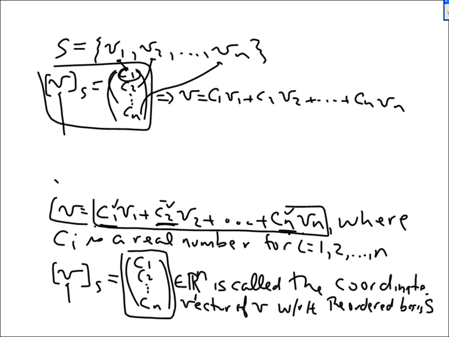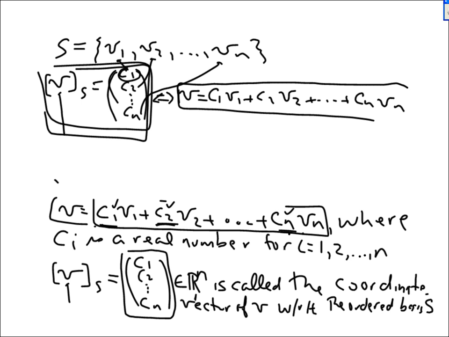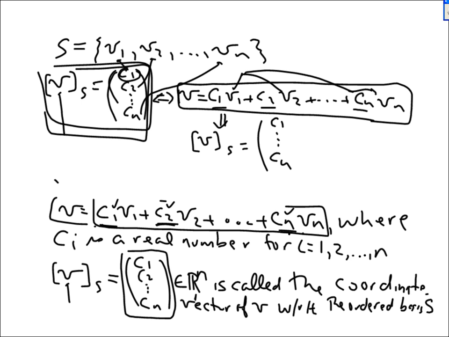Okay, you need to be able to go from this to this, and you need to be able to go backwards too. That is, if you have this, and you know that the vectors come from the basis S, then this implies that the coordinate vector of v with respect to the basis S is the scalars c1, c2, c3, all the way down to cn.